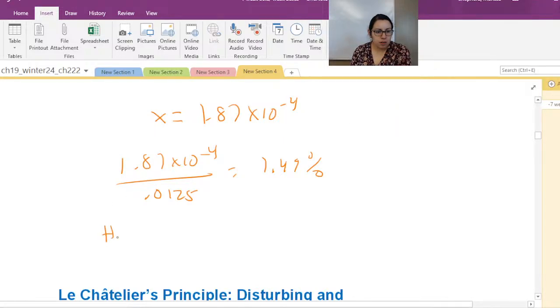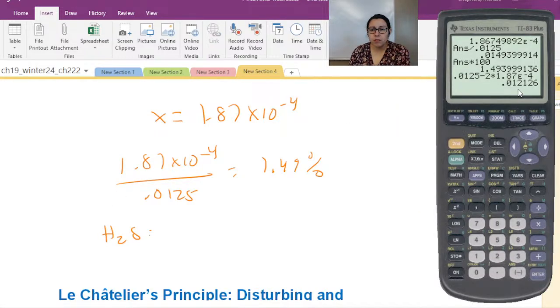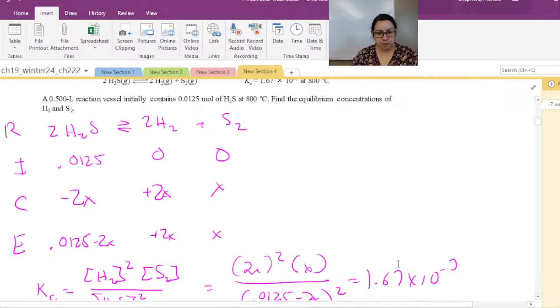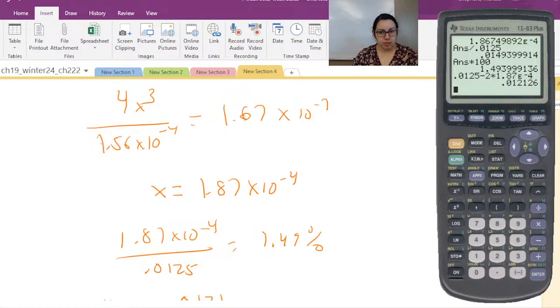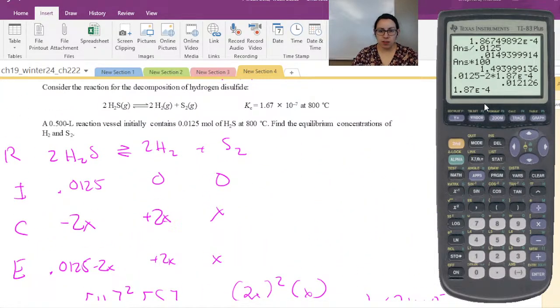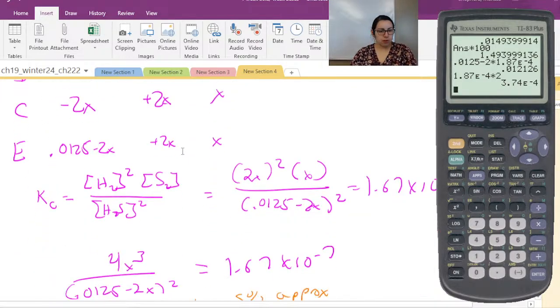So for our hydrogen sulfide, I have this value, 0.0121. And let's see, so H2. And this would be our S value, right? So S2 is just x, so 1.87. And then H2 should have been 3.74 times 10 to the negative fourth.